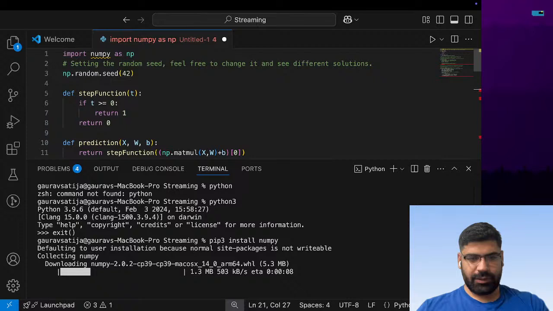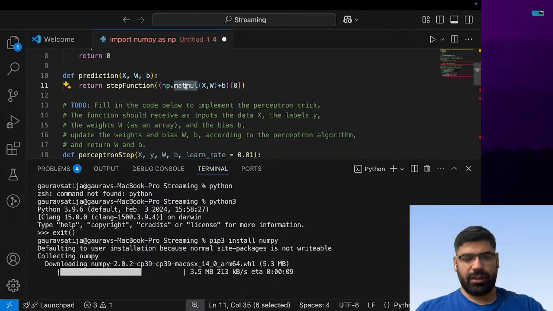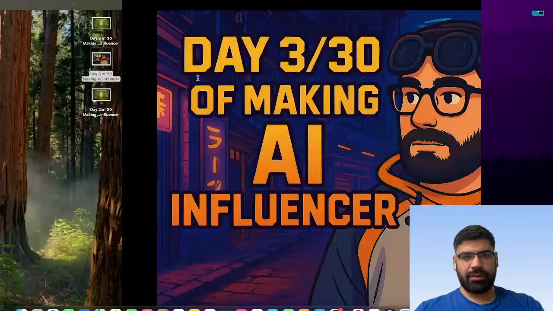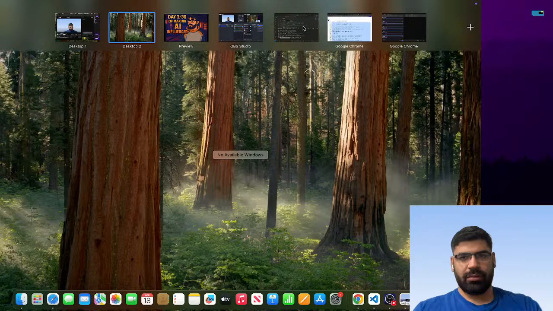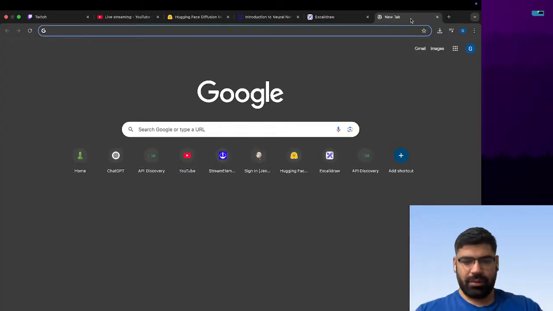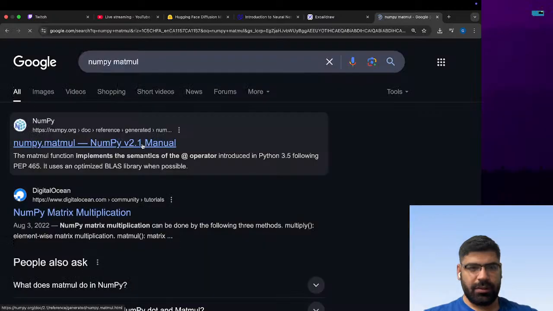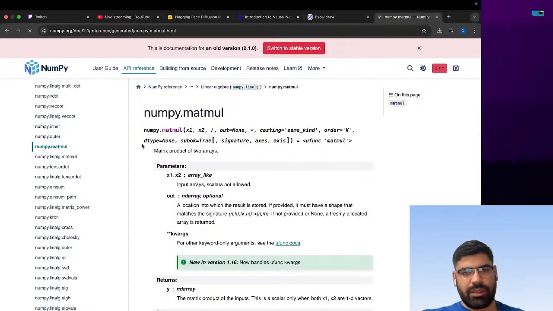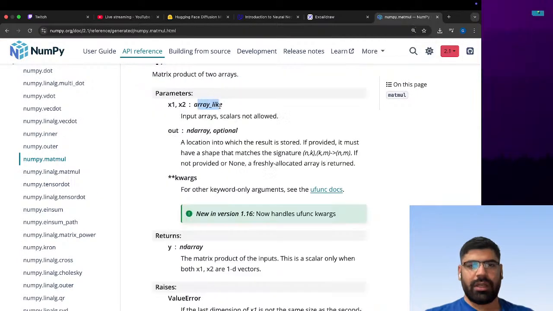Installing, so we will be able to get all that information. I need to see what matmul does. The NumPy matmul function implements matrix product. Array-like input arrays, scalars are not allowed. Okay, what is it saying more?